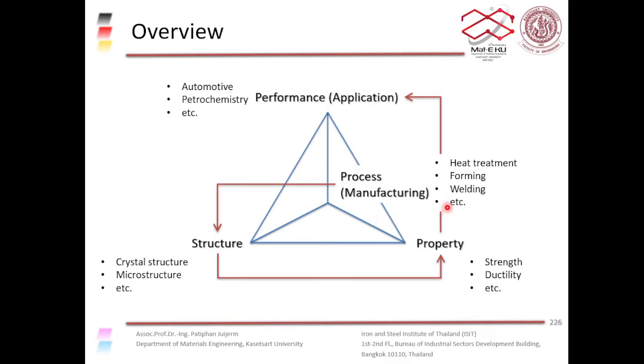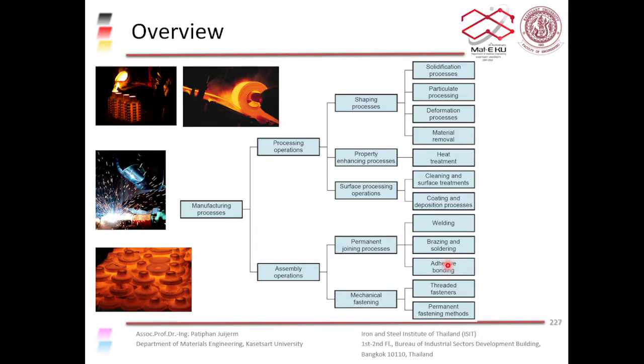When you change the manufacturing process, you get a different structure. In this case, you get a single crystal turbine blade with better property, better creep performance, right? So that's an example of how these connect and relate to each other.